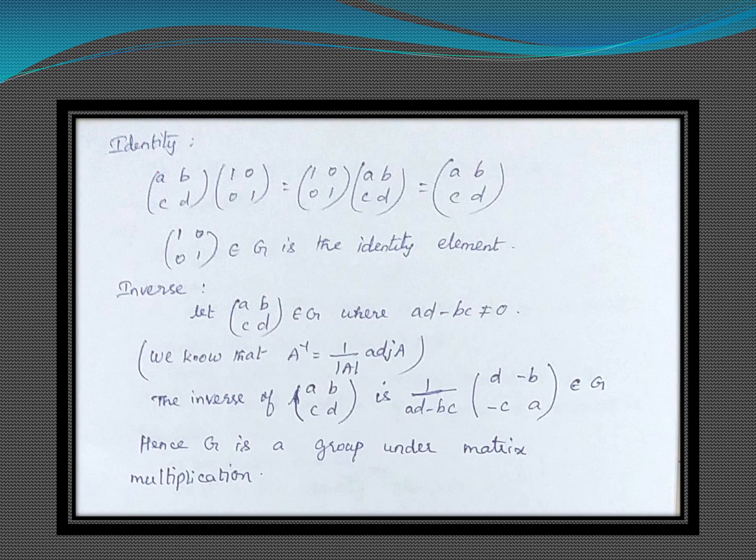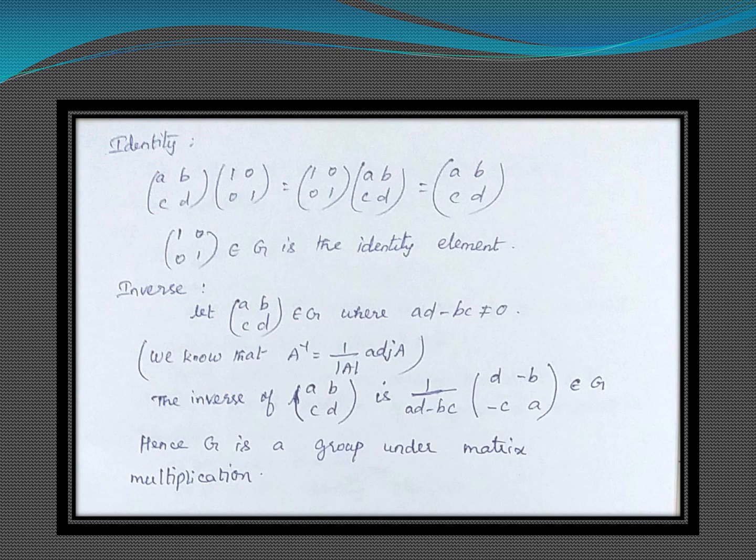Next, the third property, identity. Here, we are going to find an identity element. That is a 2 by 2 non-singular matrix whose multiplication with the given matrix is equal to the given matrix. Let me take the matrix [A, B; C, D].